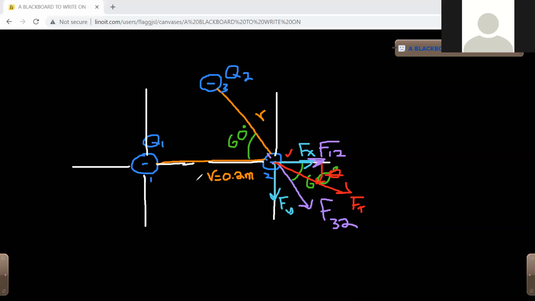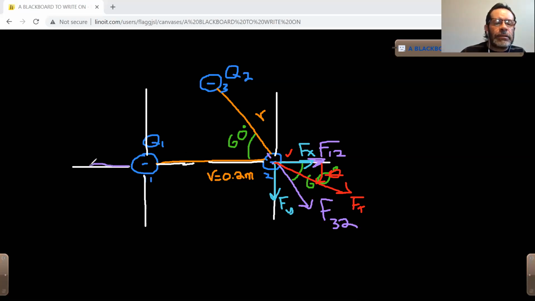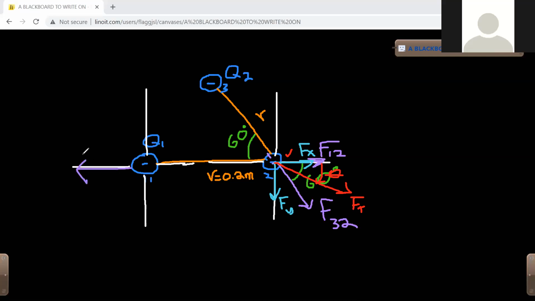Repulsive. Repulsion, correct. So if it's a repulsion force, where would the force be going if I'm placed here in Q1? To the left. To the left, correct. And would you agree that it's to the left along the x-axis? Yes. Okay, perfect. So are we okay up to that point? I am. Perfect. So I'm going to call this F12.